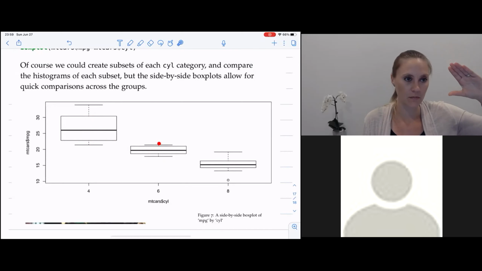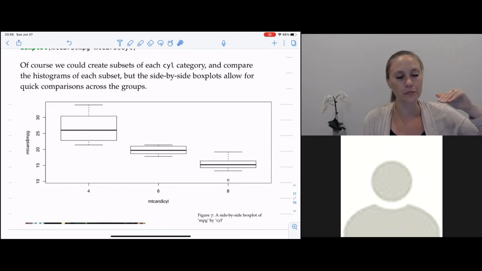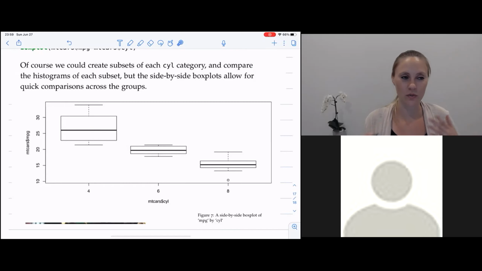Definitely the 8, but most of it in the 6. It's hard to draw this line across here, but right. And so then we can say, oh well, most of the data from the four cylinders, the miles per gallon is potentially significantly higher, right? And so that's where we're going to take this.